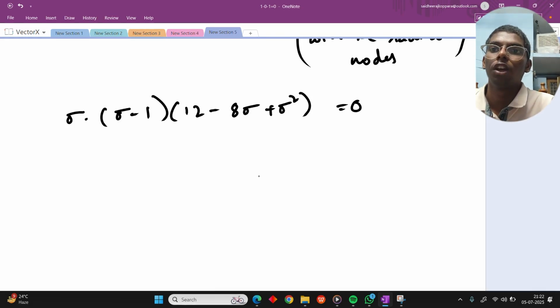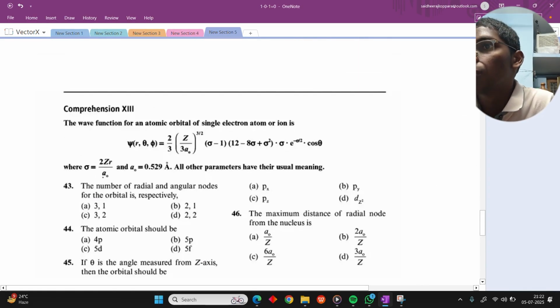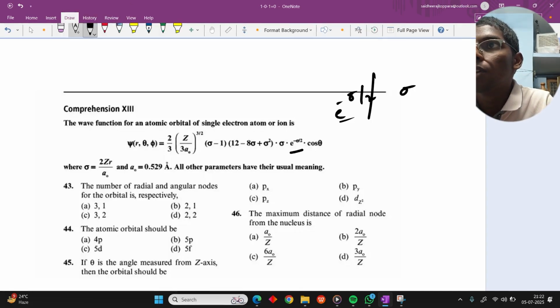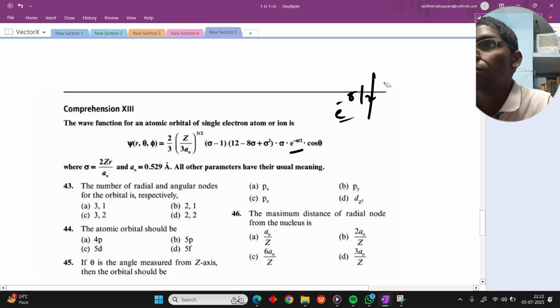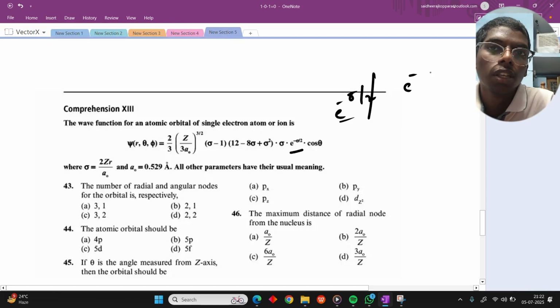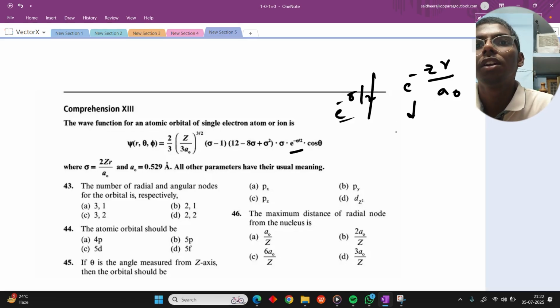I forgot to tell you another point: in this question it's not dependent on the value of n. Generally, the exponential term e power minus sigma by 2 is given by e power minus zr by n a naught.